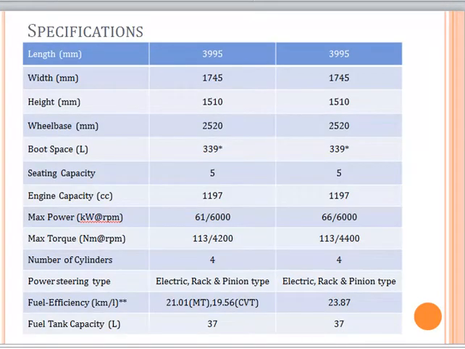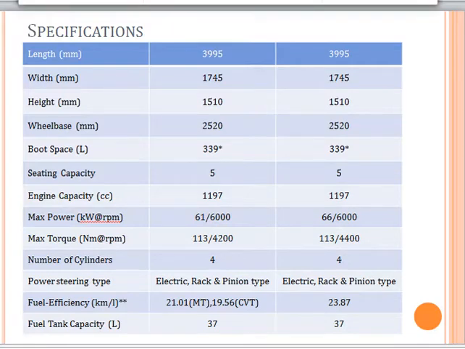Now for this car, the length of the car is given. So the length of the car is how much? 3995, you can see this here. Now the width is 1745. Again, this is different for different models.